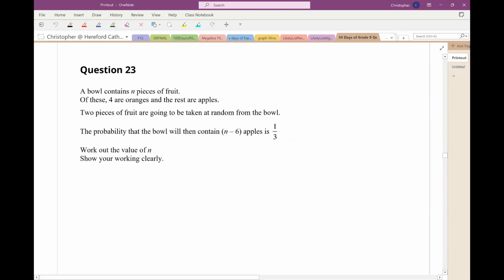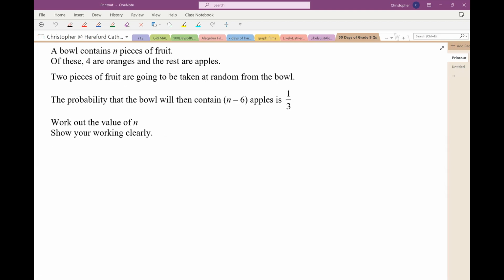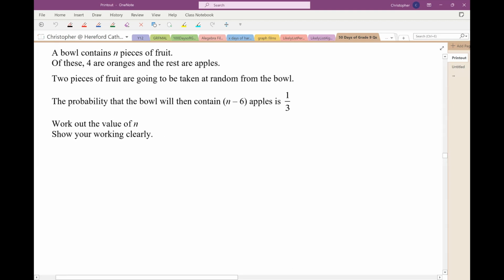Question 23. Okay, we've got a bowl containing n pieces of fruit. Of these, 4 are oranges and the rest are apples. So straight away, I'm thinking that there are 4 oranges, and if there are n pieces of fruit altogether, then there must be n minus 4 apples.